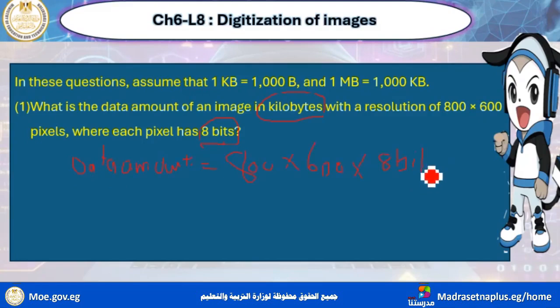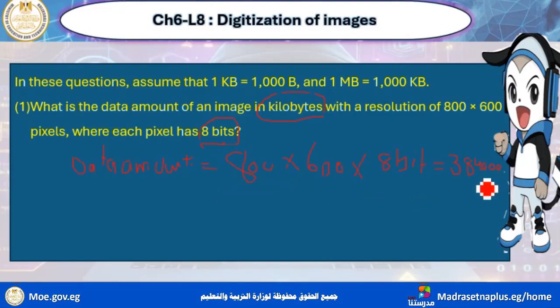You have a calculator? We need to use a calculator here. Okay, what is the result of this? Yes, it is 3, 8, 4, and we have 4 zeros here. This is the data amount in bits. Now we should convert it to kilo.